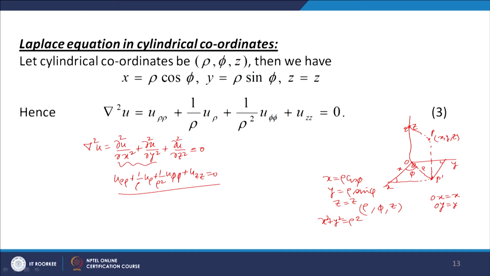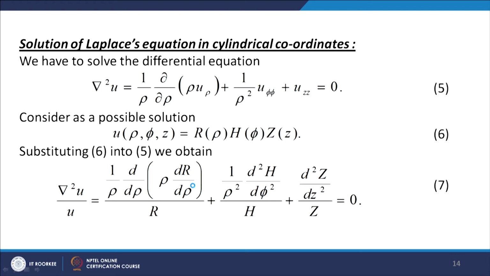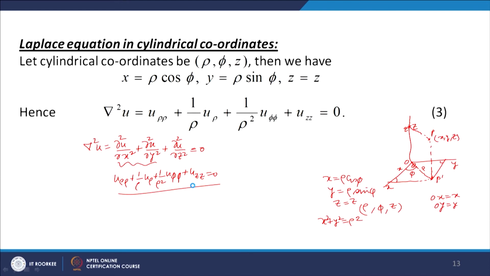Now let us see how we solve this equation in cylindrical polar coordinates. Again, by the method of separation of variables we will solve it. We can write this equation also as follows. If I take the partial derivative of rho u_rho with respect to rho and multiply by 1 over rho, then we get 1 over rho times (u_rho, since the derivative of rho with respect to rho is 1, plus rho u_rho rho).